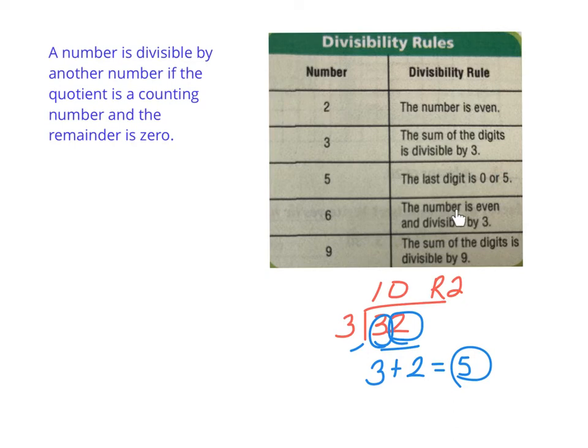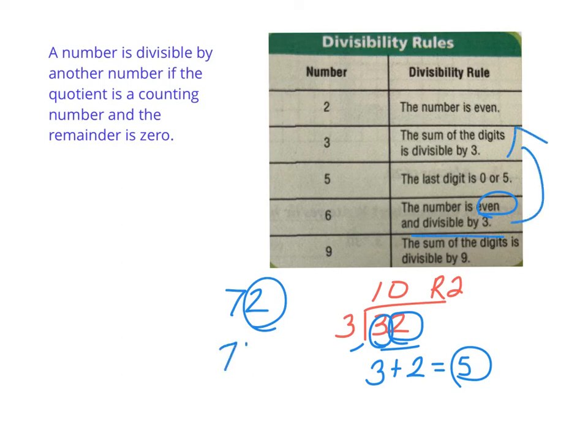If the number is even and divisible by 3, then it is divisible by 6. So, for example, let's look at the number 72. Let's test for divisibility by 6. First, is it even? Yes, it ends in 2, so it is even. Let's get the sum of the digits, because that's how we test for divisibility by 3.